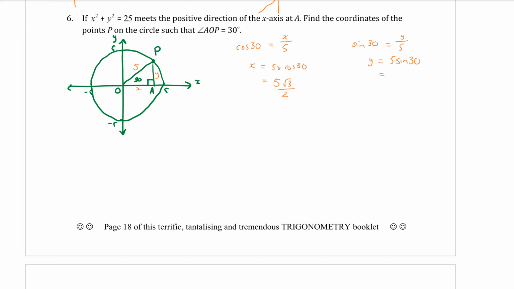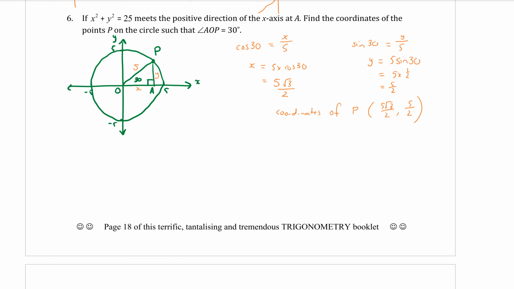So that's 5 times a half, which is either 5/2 or 2.5 if you prefer. So that means that the coordinates of P is 5√3/2 and the y value 5/2.